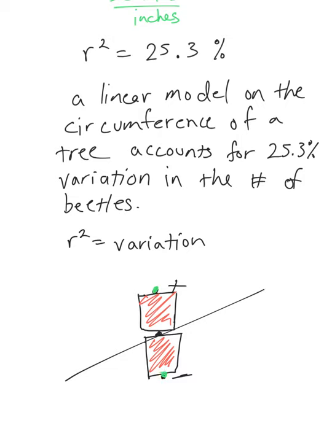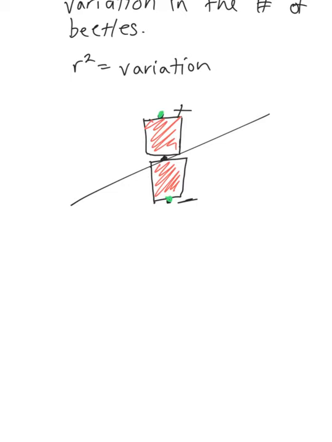That's why we use an r squared, because once you square any number, they both become positive, and that is the variation, the average of the differences between actual numbers and your model number.